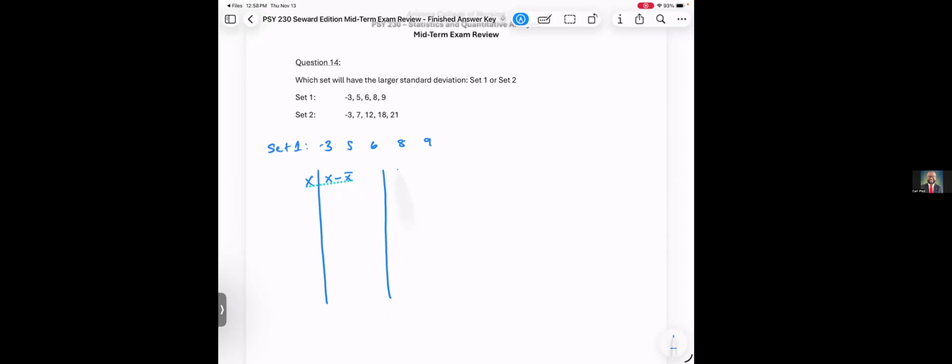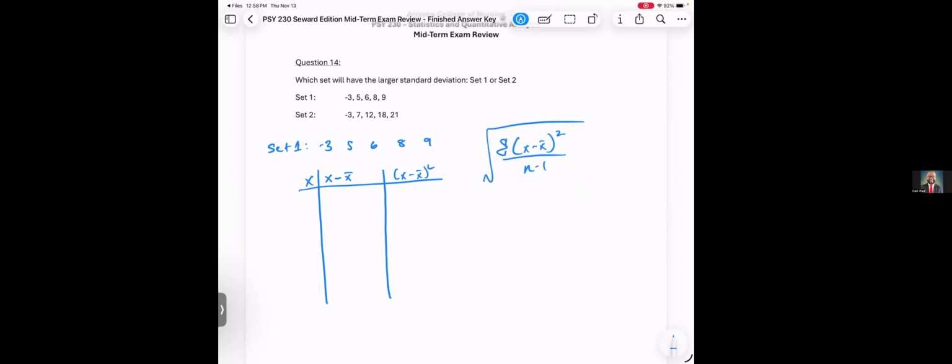And then X minus X bar squared. After I do that, I'll be able to utilize it in the formula for the standard deviation, assuming that this is a sample, and that'll be over n minus 1. That's the square root of the sum of the deviations squared divided by n minus 1.